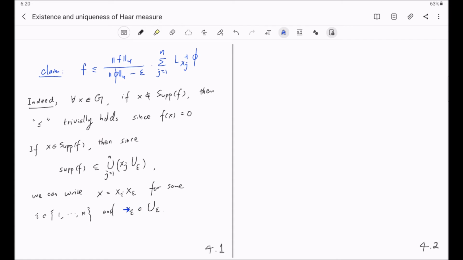Now, what does this mean? What is the meaning of x sub epsilon being in u sub epsilon? This means phi of x sub epsilon is greater than the supremum norm of phi minus epsilon.